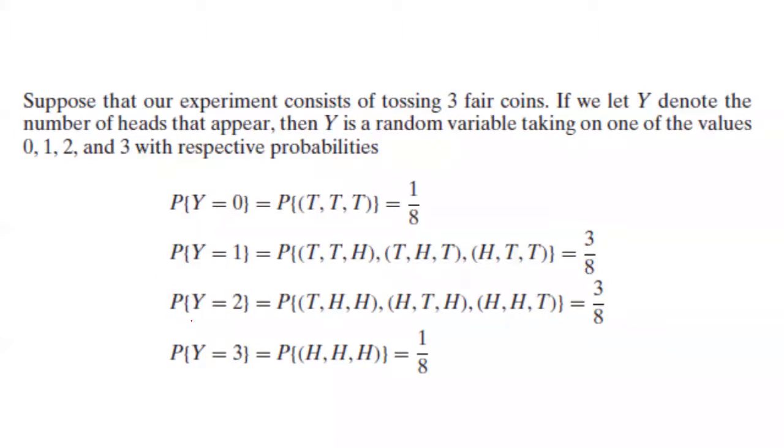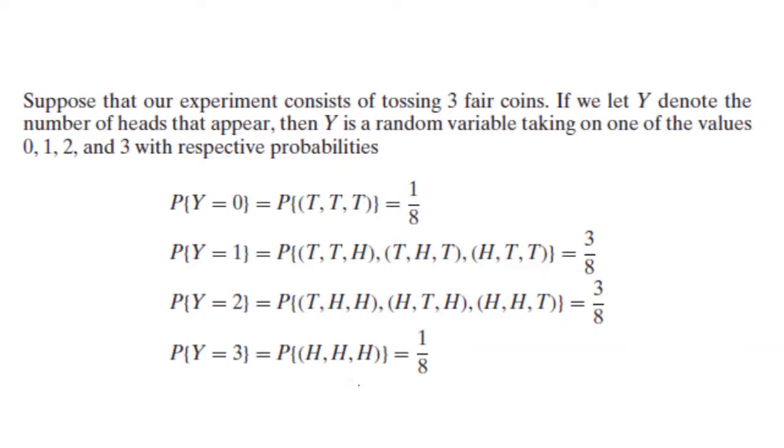Okay, next one, y being 2. The probability of y being 2, that means tossing 3 fair coins, the head appears twice. This probability is 3/8, right? Okay, next one, the probability of y being 3, that means all 3 times we have head.